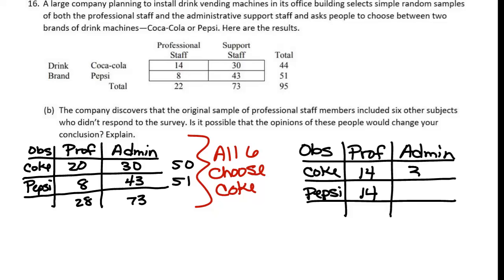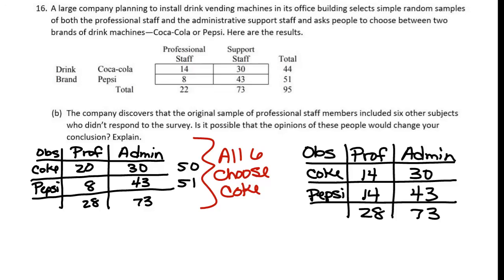Admin would remain unchanged, 30 and 43. So I still have a total of 28 in my professional, still have 73 for my admin, 44 choosing Coke, and 57 choosing Pepsi.